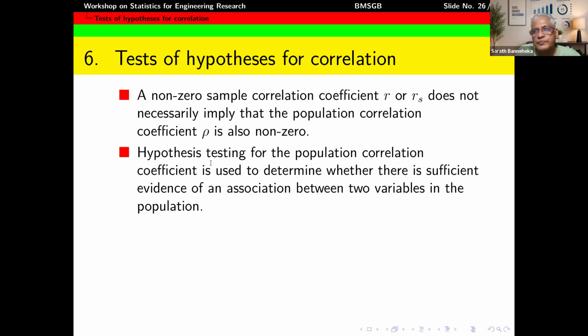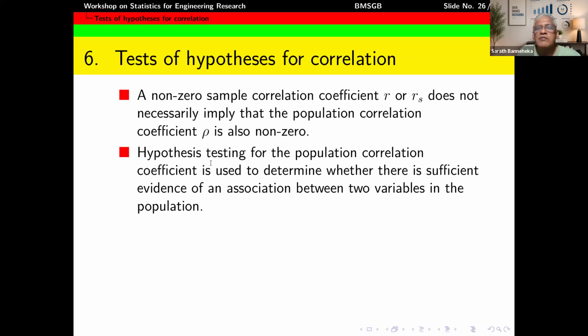Those kinds of values are possible even though the population correlation coefficient is zero. So in other words, even though there is no relationship between X and Y in the population, the sample may show that there is a correlation between the points in the sample, and therefore some people will wrongly conclude that there is a relationship between X and Y in the population also by directly looking at the sample quantity only. That is the wrong thing to do.